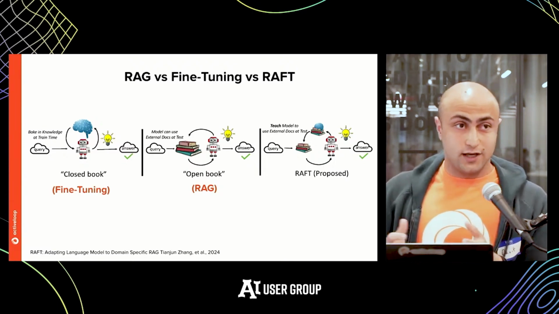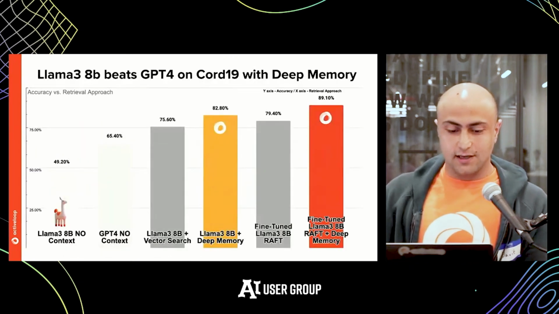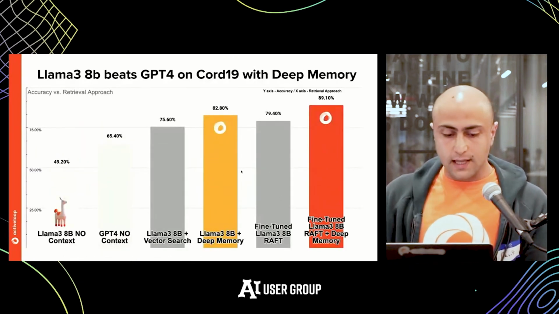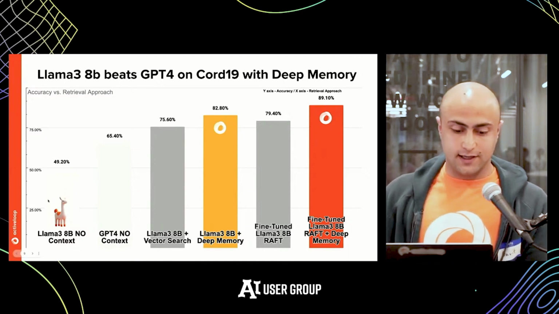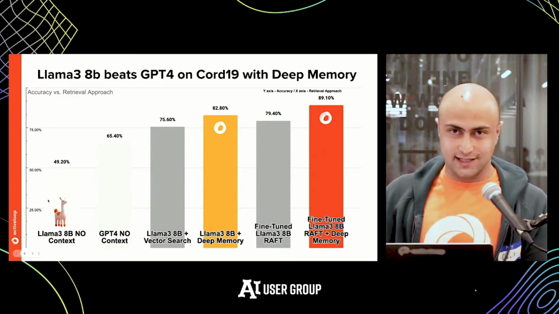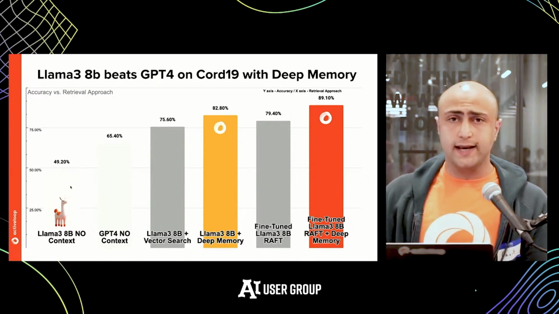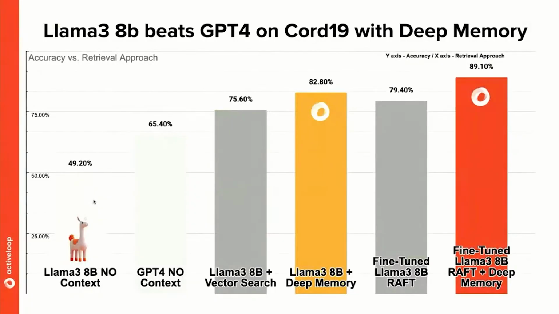And what we achieve here is very interesting. First of all, on the left, we have Llama-3 8 billion, and thanks to Meta again for releasing this awesome model. Without any context, we take the COVID-19 data set, ask a lot of questions, and then measure the accuracy of those answers.